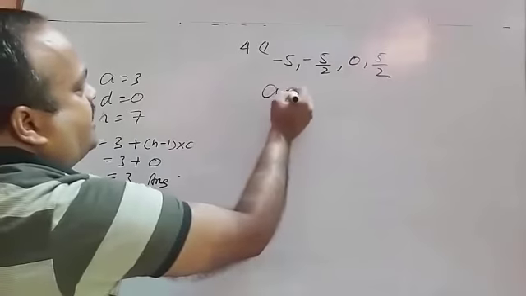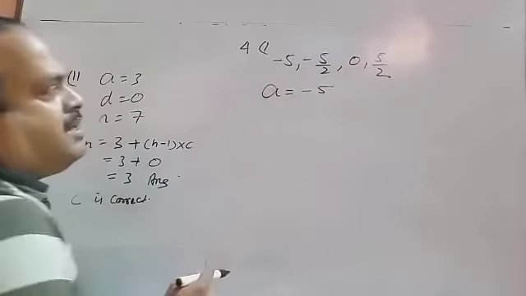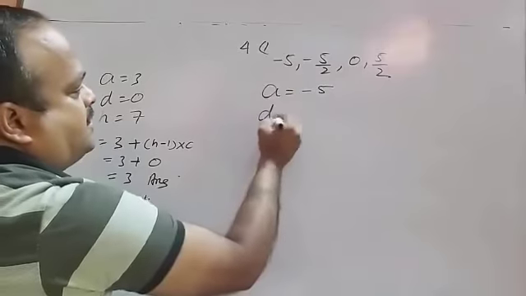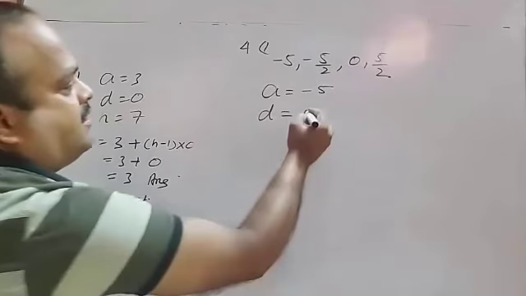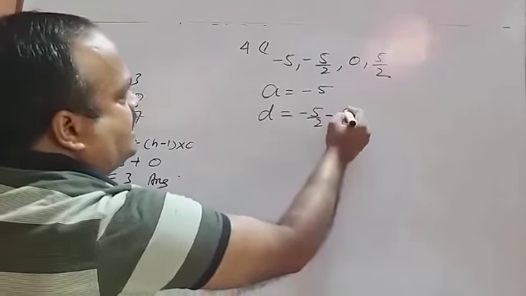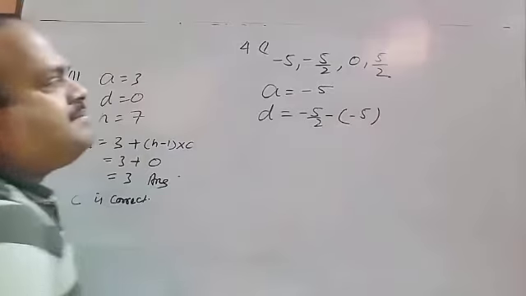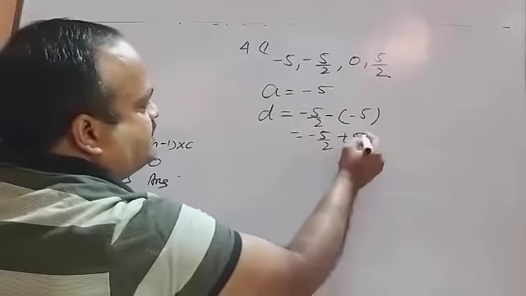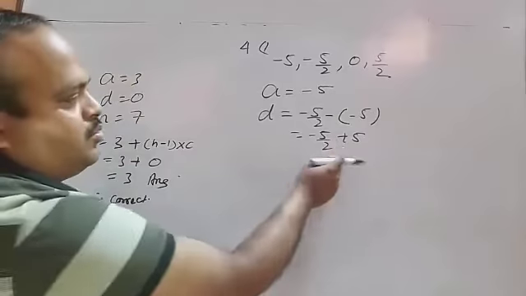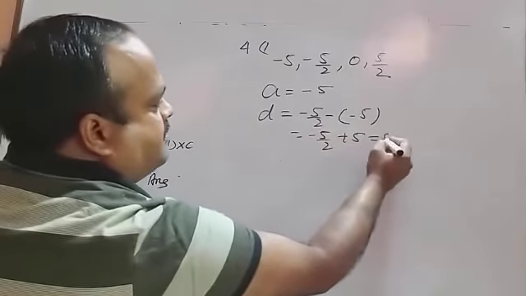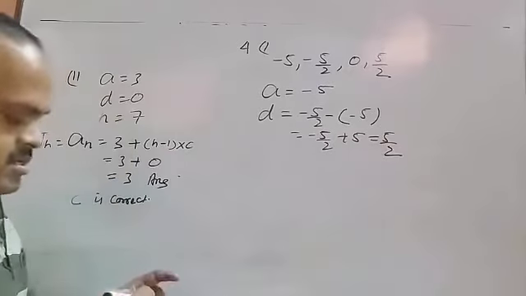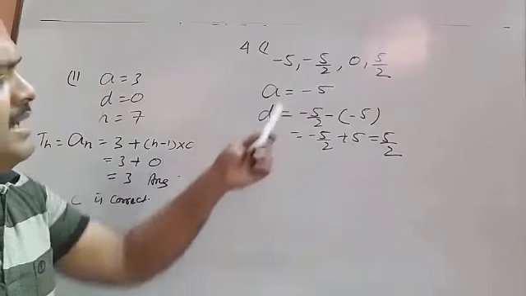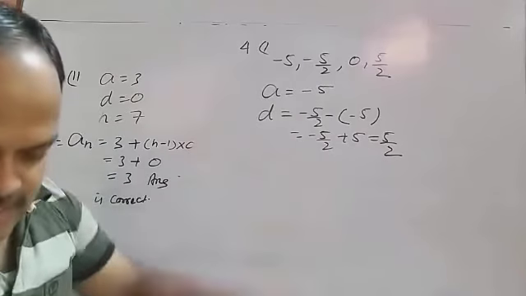So A is minus 5, the first term is minus 5. The common difference D is minus 5 by 2 minus (minus 5), minus 5 by 2 plus 5, 2 fives are 10 minus 5, 5 by 2. So we have the first term as minus 5 and common difference D as 5 by 2.